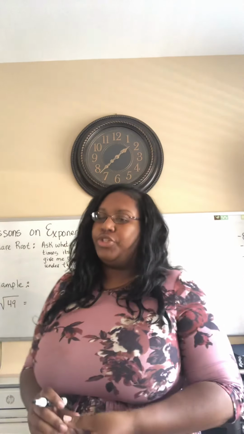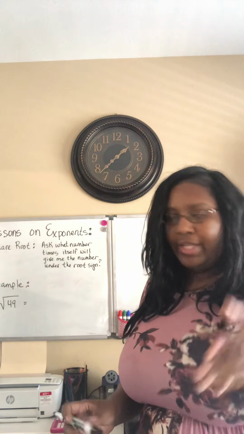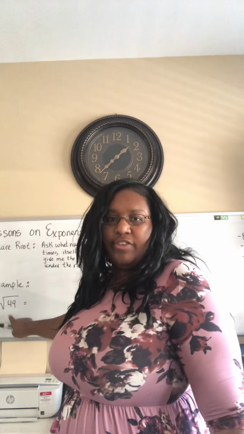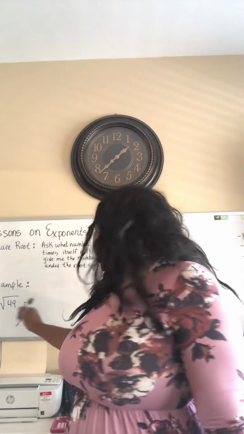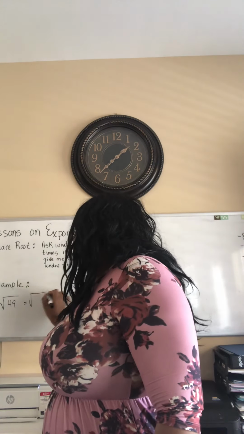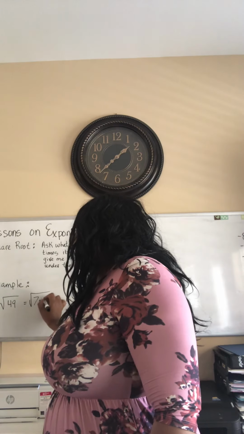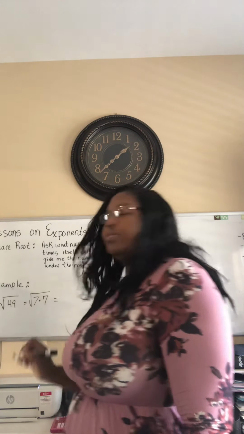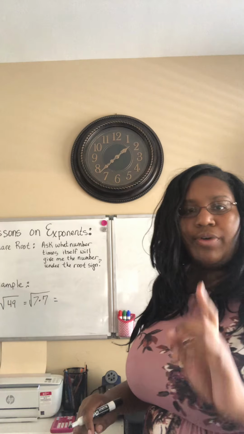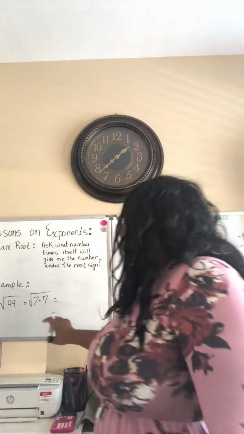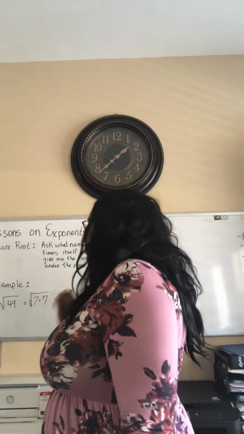So you're looking at your actual answers on that list and finding the one that has 49. That's the same as saying, what is the square root of 7 times 7? For square roots, we only write one number though. So the root of this is 7.